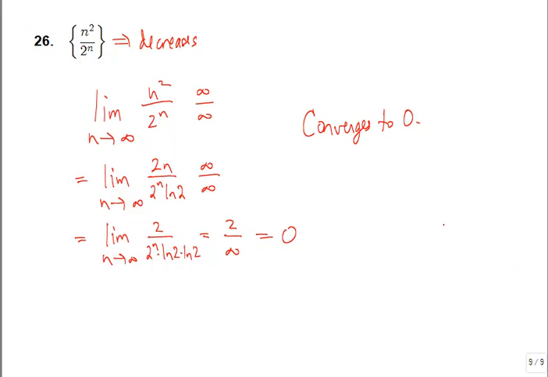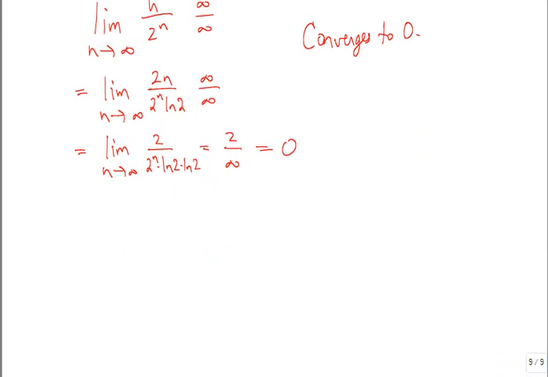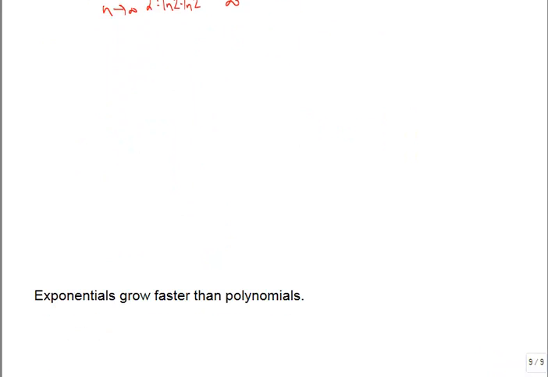So what this is showing us is, since this sequence is converging to 0, that means that the denominator must be growing faster than the numerator so that the fraction as a whole is going to 0, because the bottom is blowing up towards infinity faster than the top does. So that means this exponential function in the bottom is growing faster than that quadratic in the top. And that's true in general for any kind of polynomial.